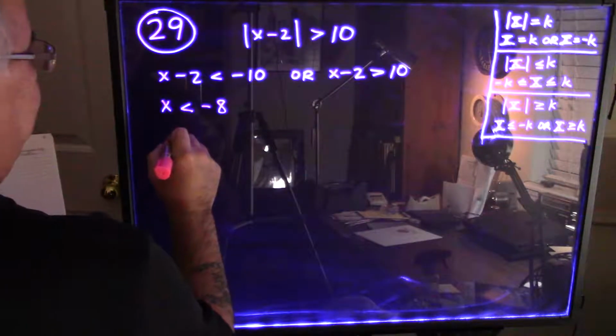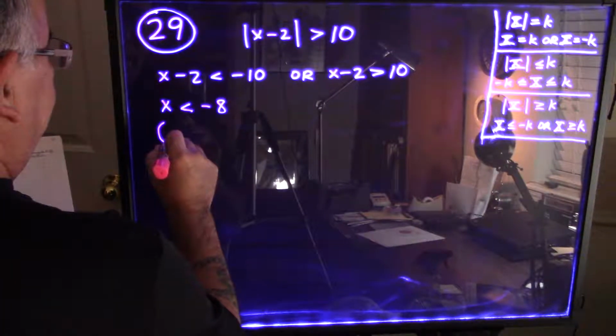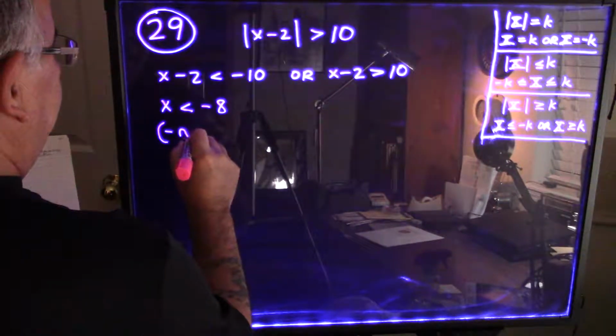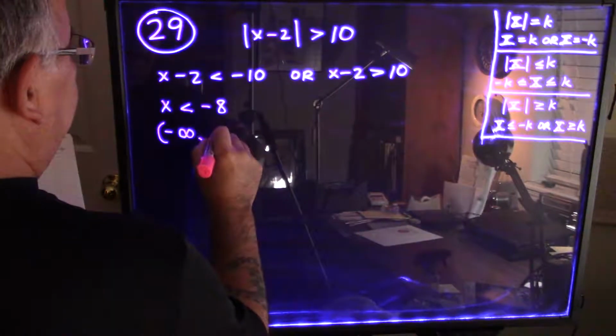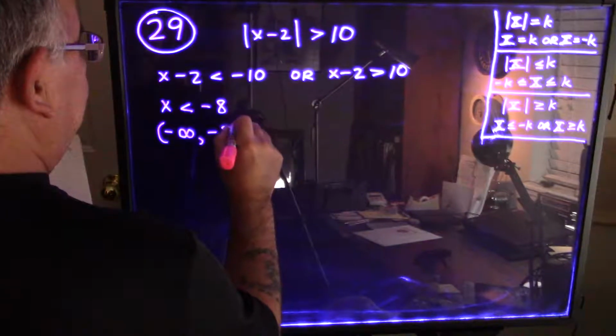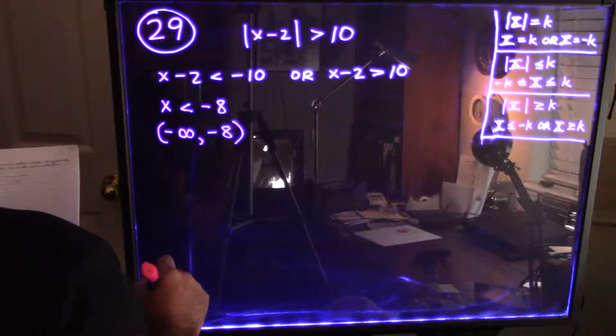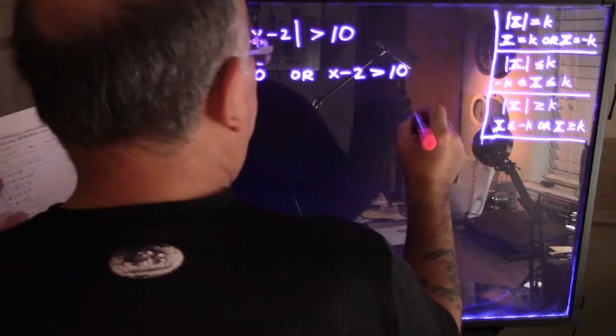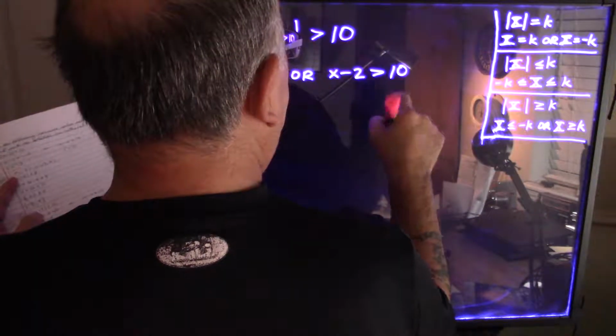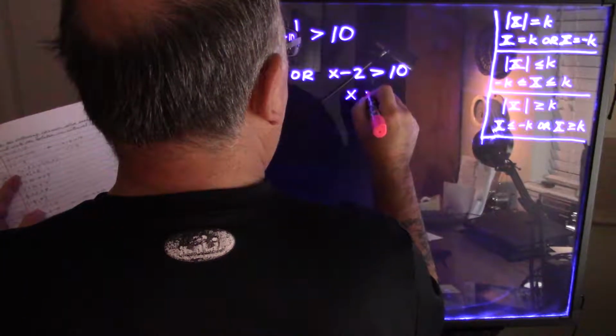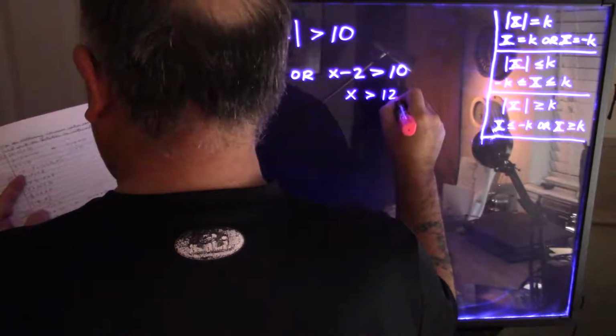So this can be written as an interval, -infinity to -8, not including -8. And over here we've got add 2 to both sides, x is greater than 12.